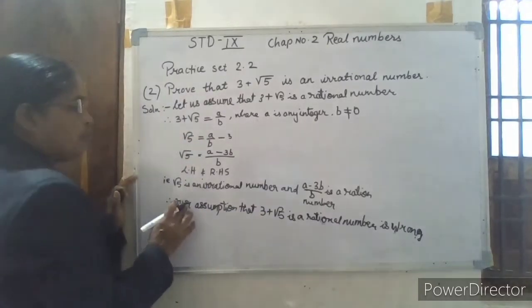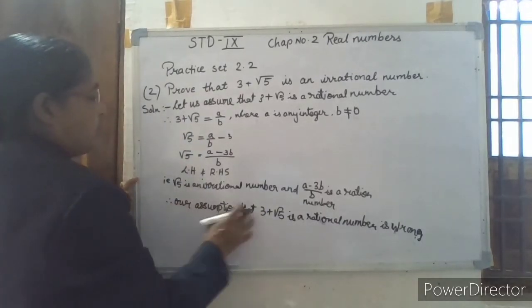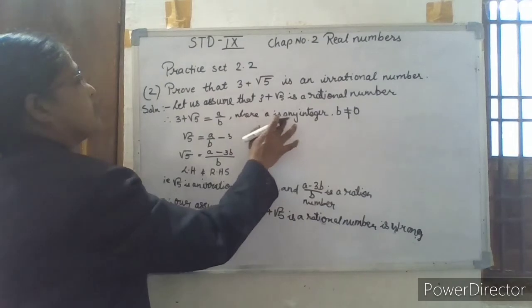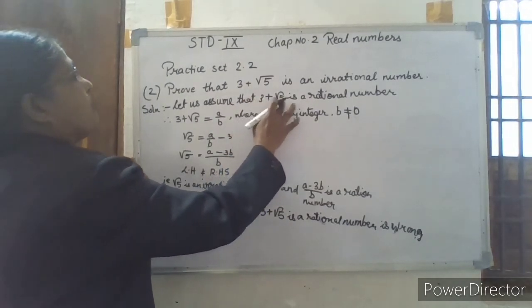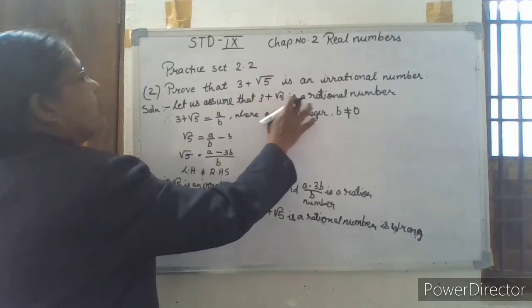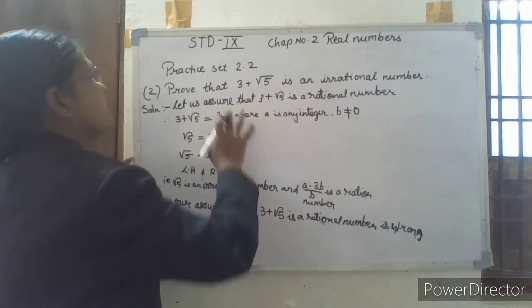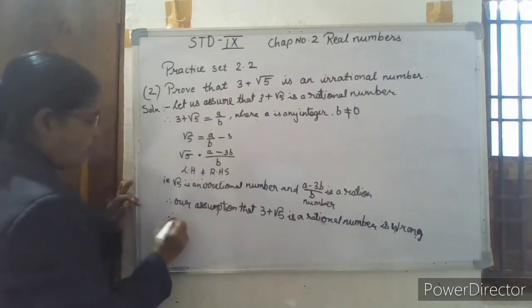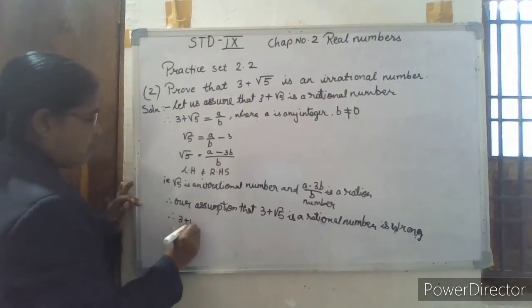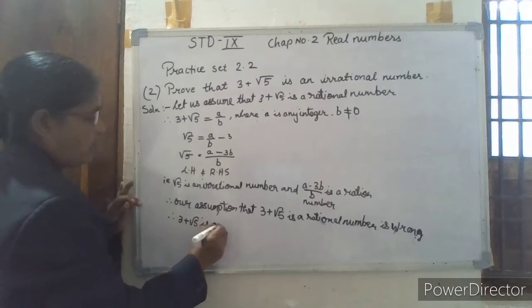Therefore, when this assumption that 3 plus root of 5 is a rational number is wrong, that means we can say that 3 plus root of 5 is an irrational number.